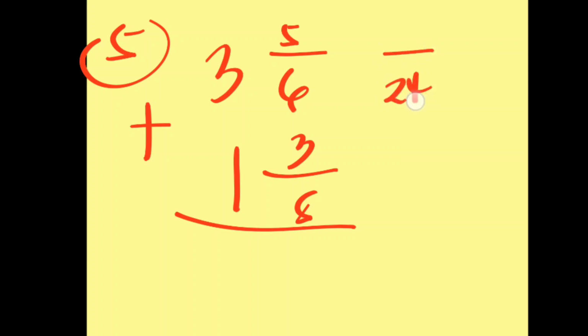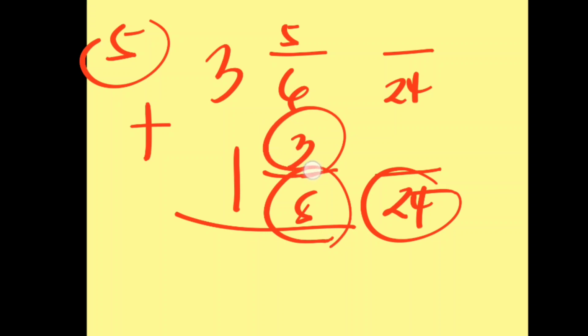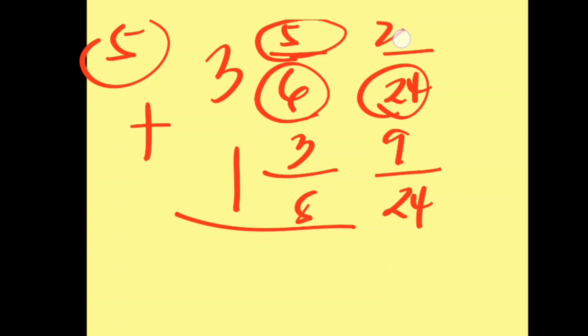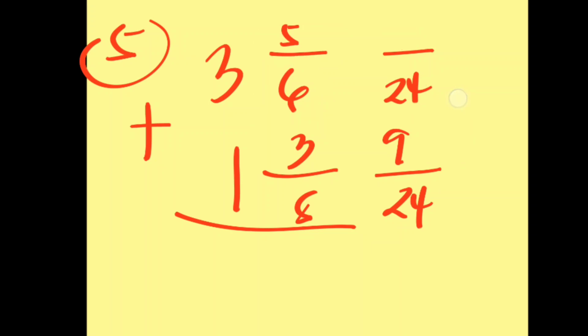So you have to write your new fractions with 24 as the denominator. 24 divided by 8 is 3, times 3, the answer is 9. 24 divided by 6, the answer is 4. And then that 4 multiplied by 5 is 20. So cancel now the fractions.